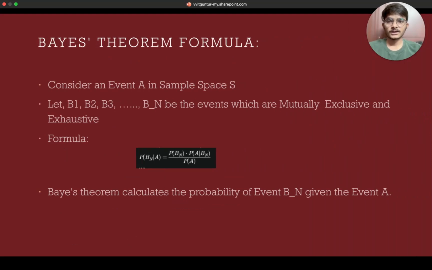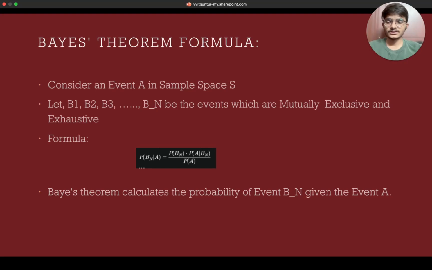Bayes' theorem formula. Consider an event A in the sample space S, and let B1, B2, B3, and so on up to Bn be events which are mutually exclusive and exhaustive.